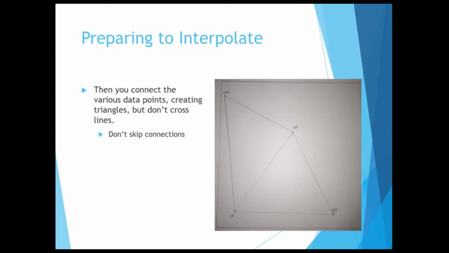So basically you're going to make as many triangles as you can without ever crossing a line. So don't skip connections and don't cross lines. Make all of the triangles you can. Think of it as like a little puzzle game. With the 4 points, I can make 2 triangles.